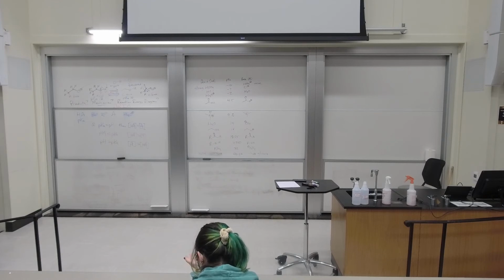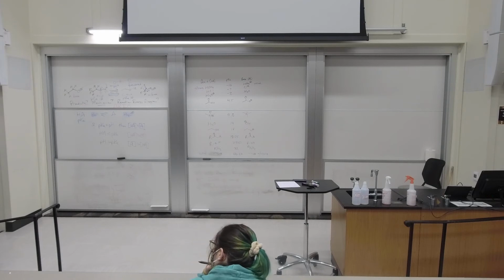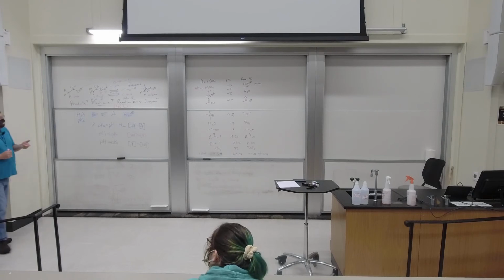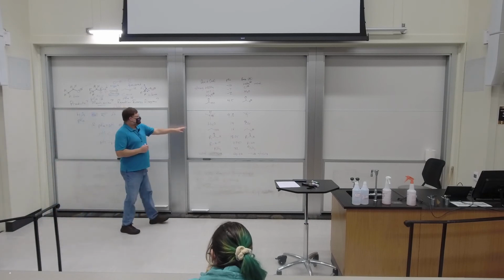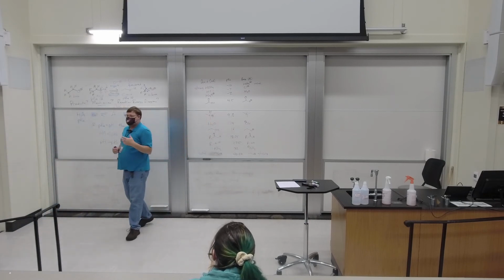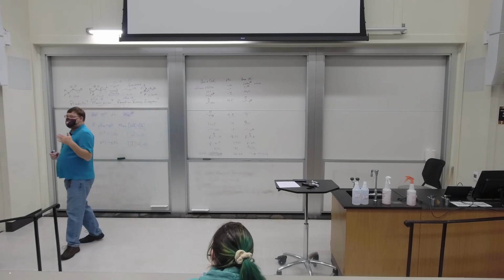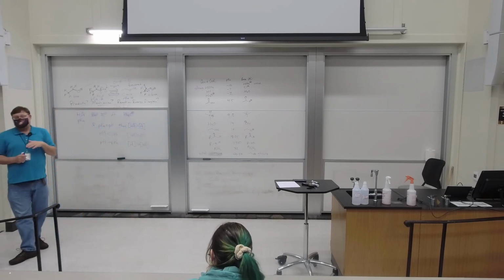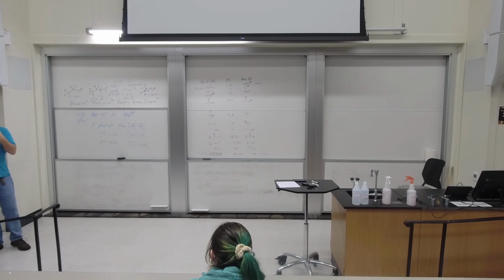At physiological pH, carboxylic acids are always going to be mostly deprotonated by about 3 or 4 orders of magnitude, right? 1,000, 10,000 fold. Going the same way, amines are going to have a pKa of about 10 to 11, all right? So pH 7.4 is more acidic than their pKa. So an amine under physiological conditions is almost always going to be protonated, again, by 3 or 4 orders of magnitude.